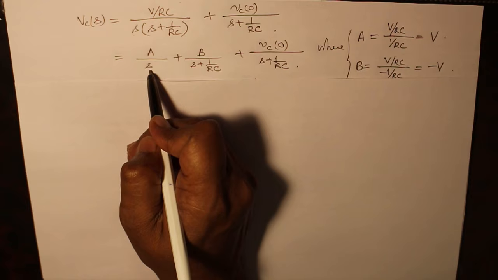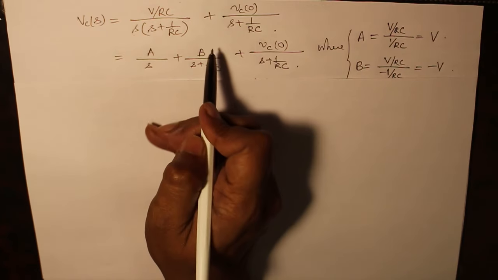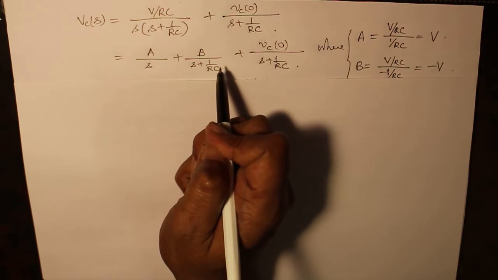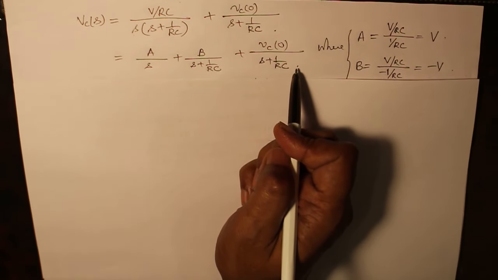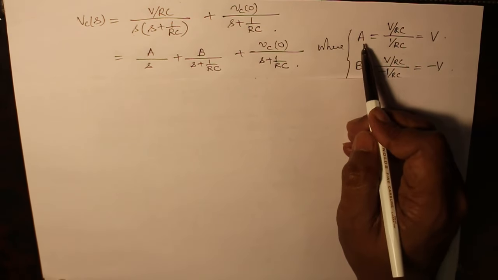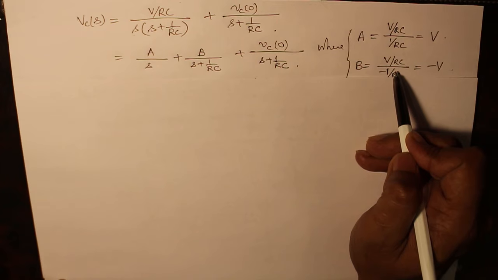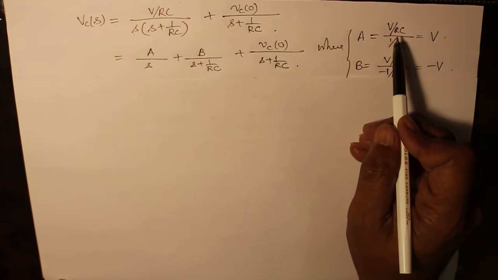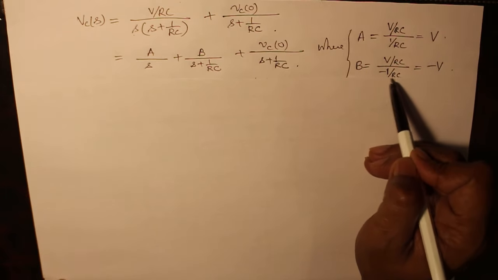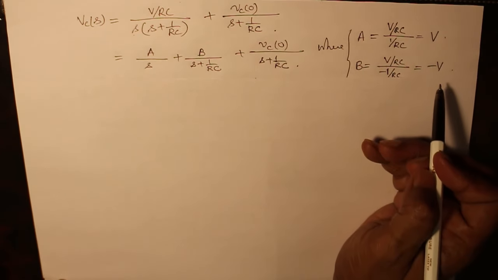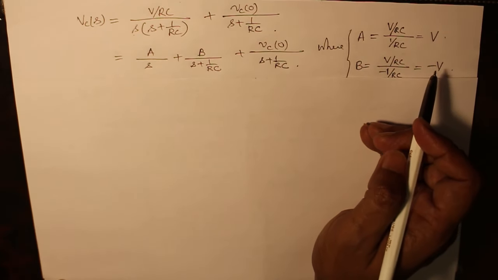One of the parts will be A over s, another is B over s plus 1 over RC. And this VC(0) over s plus 1 over RC remains as it is. Fine. The value of A and B can be determined by the usual method: V over RC divided by 1 over RC is V, and V over RC over minus 1 over RC, substituting the value, is minus V.